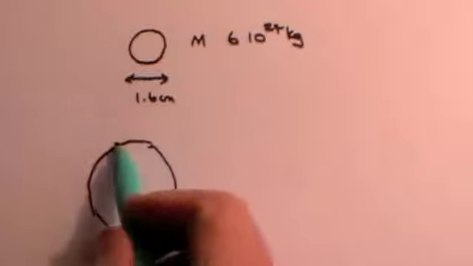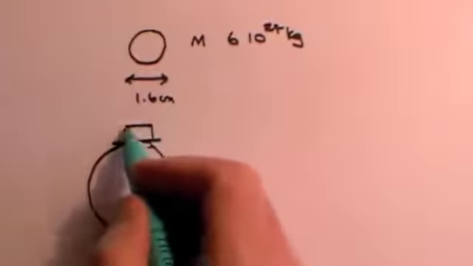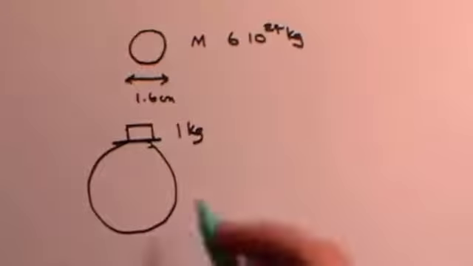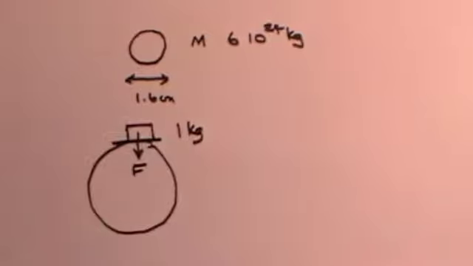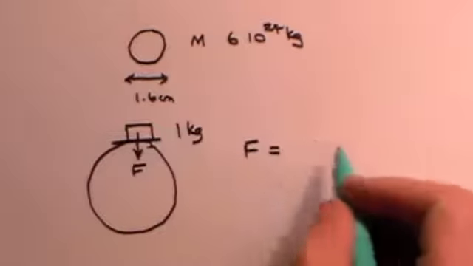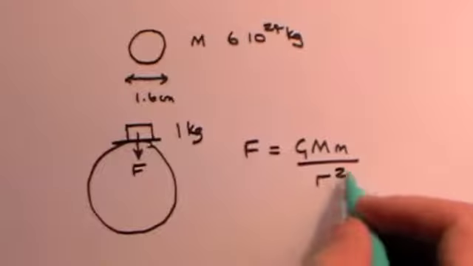And I'm going to put, here's a floorboard on the Earth, and I'm going to put a 1 kilogram weight on that floorboard. And I want to know, what is the force of gravity acting on that 1 kilogram weight? Well, we had the formula before. The formula is GMm over r squared.